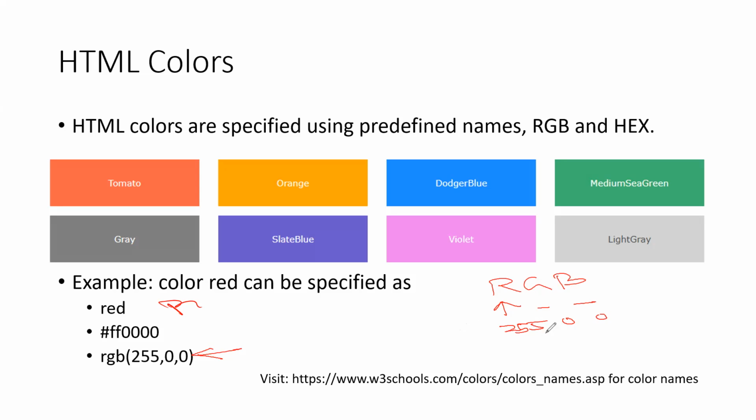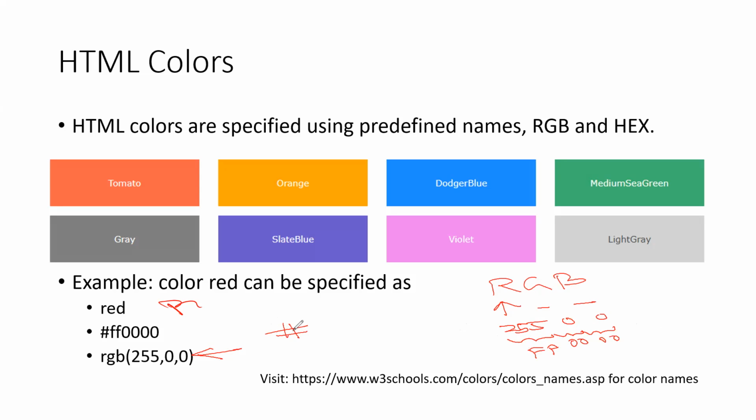So hexadecimal, the use of hex to represent this, is the use of hash, and you represent these numbers in hex values. So 255, we can represent it as FF, 0 is 00. Again, you have to use 2 digits, and here also you can use 2 digits.